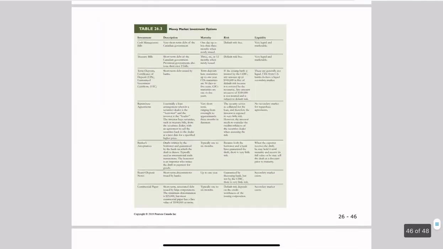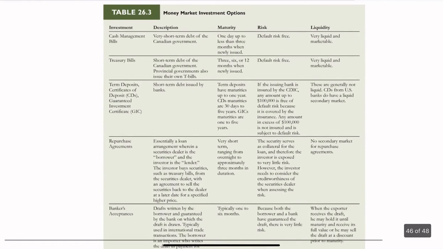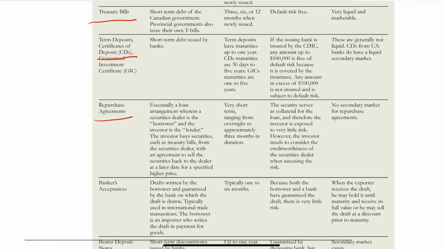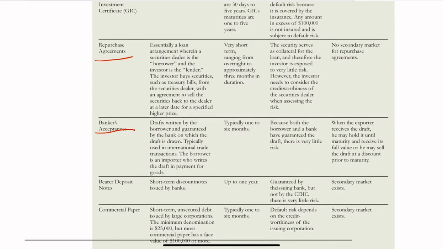And here you have some money market investment options. Generally, if the financial manager wants to invest the firm's cash, then the manager will invest in money market options, and you can see that we have these cash management bills, T-bills, and CDs, repurchase agreements, bankers' acceptance, and commercial paper.